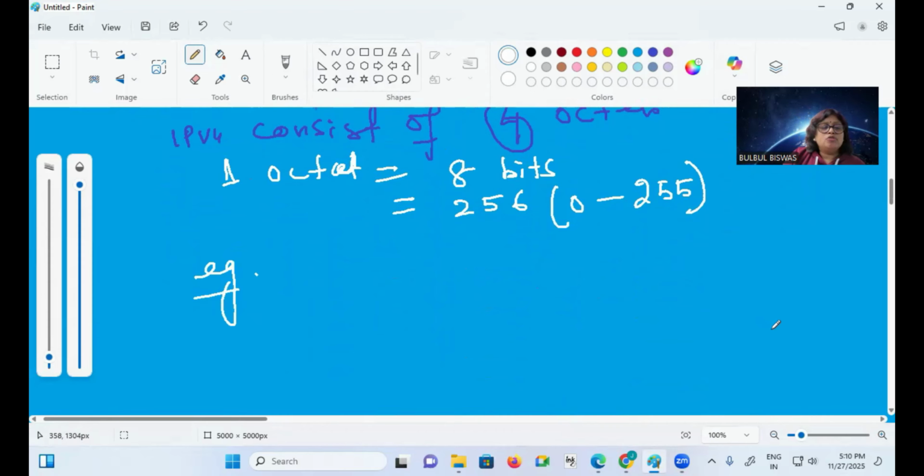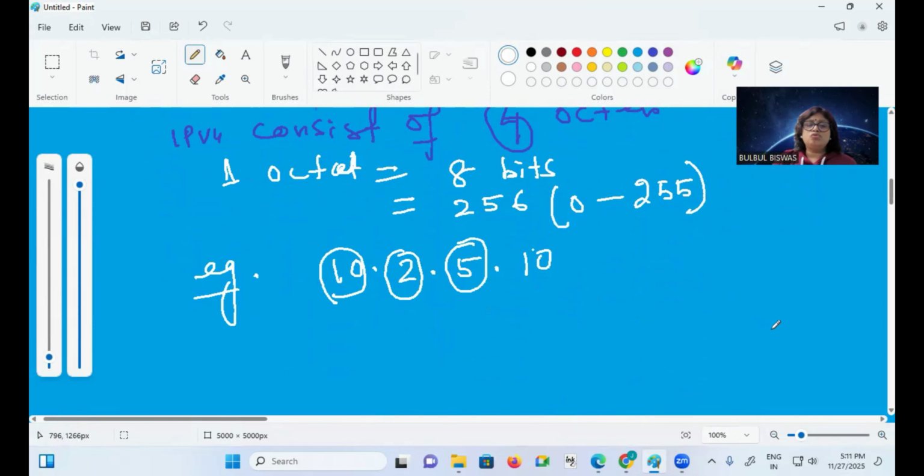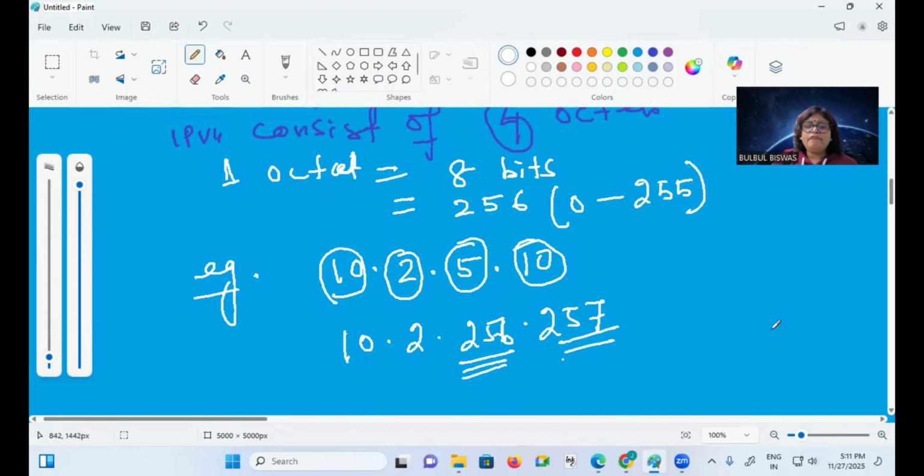If I write 10.2.5.10, you see this number is within 0 to 255, this is also within 0 to 255, this is also within 0 to 255, and this is also 0 to 255. Now I am writing another number. Do you think it is a valid IP address? Do you feel it is valid? It is not valid. It is invalid.